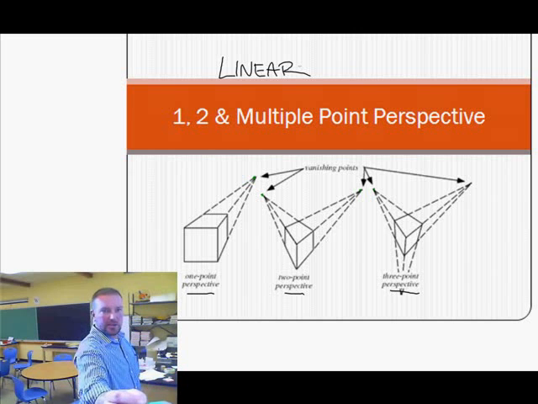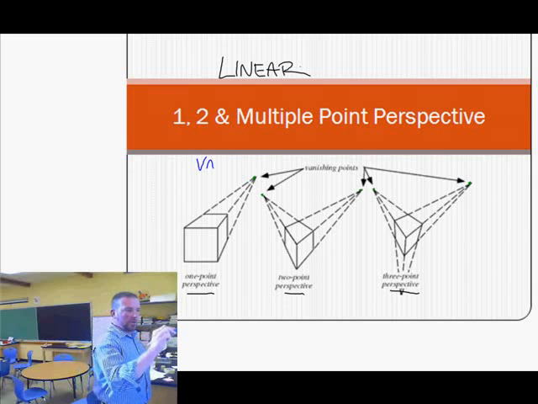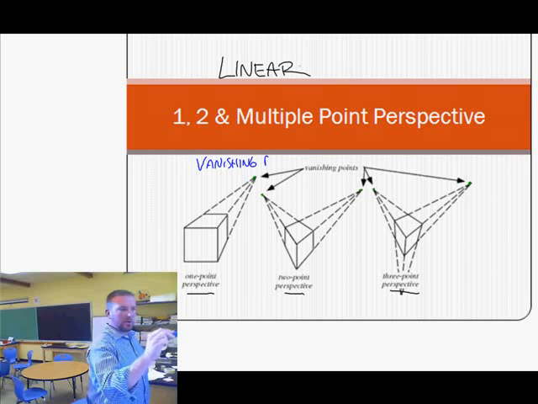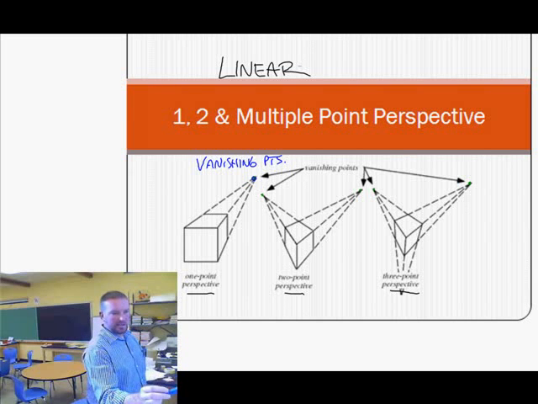Those points are called vanishing points, the point at which all lines converge. These 3 lines converge at a single point. These 6 lines converge at 2 separate points. These lines all converge at 3 separate points. So those different points are called vanishing points.